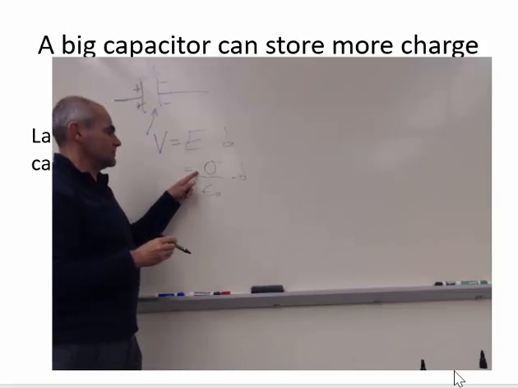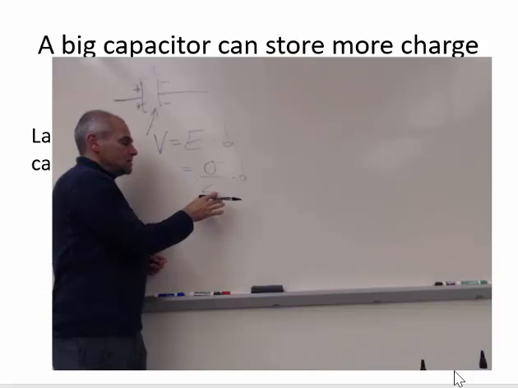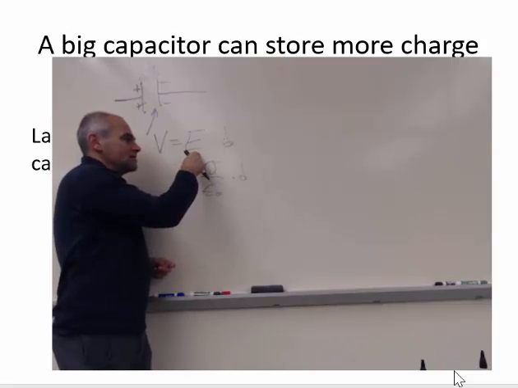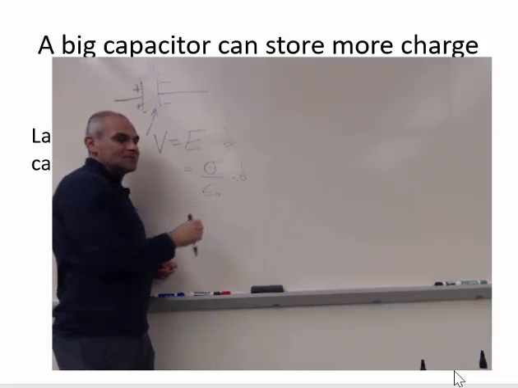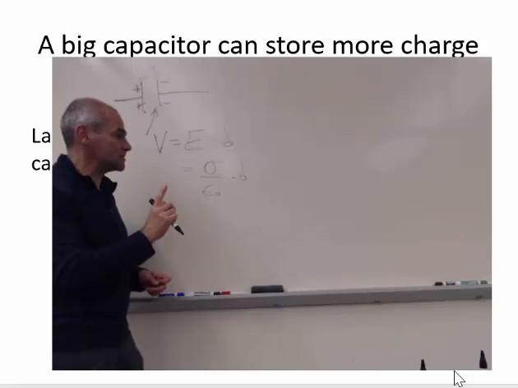And the strength of the electric field between the two plates is given by the charge density divided by the permittivity of free space, sigma divided by epsilon 0. We can substitute that in for E, multiply that times the separation between the plates, and that's going to give us the potential difference between the two plates.